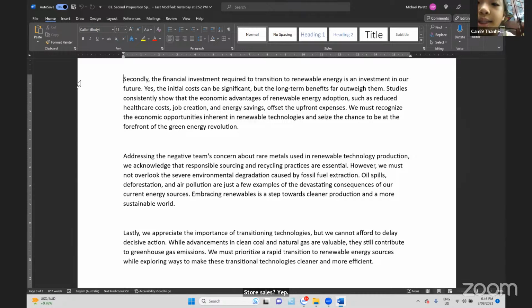However, we must not overlook the severe environmental degradation caused by fossil fuel extraction.